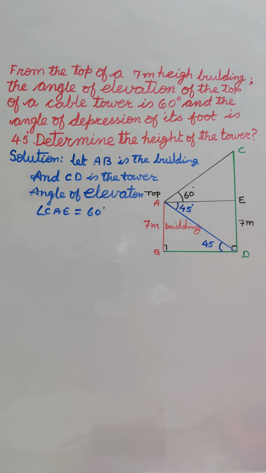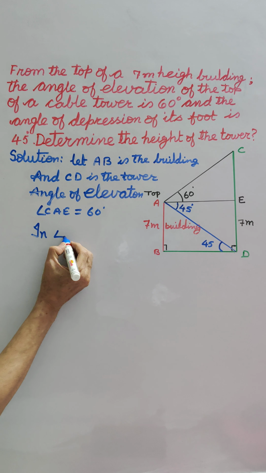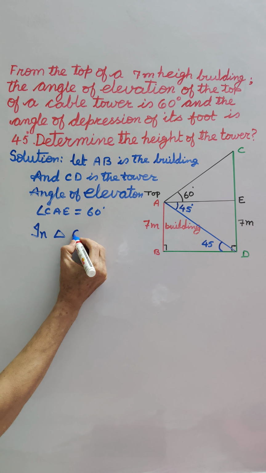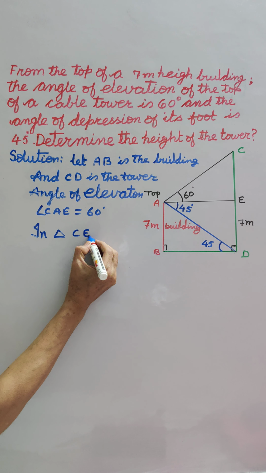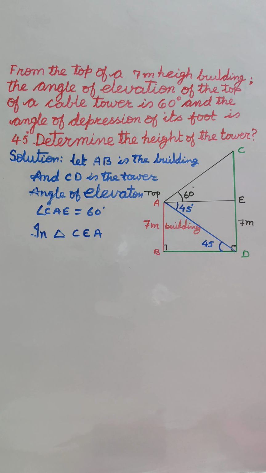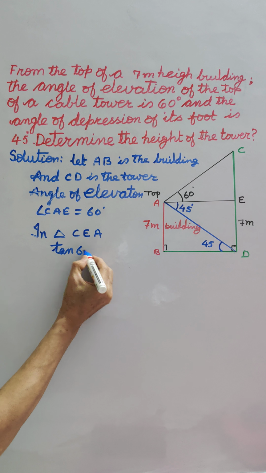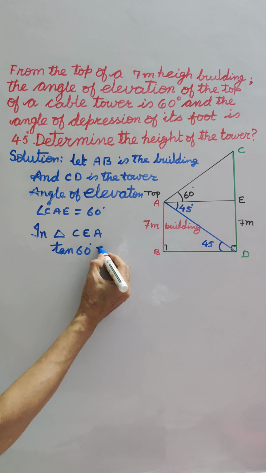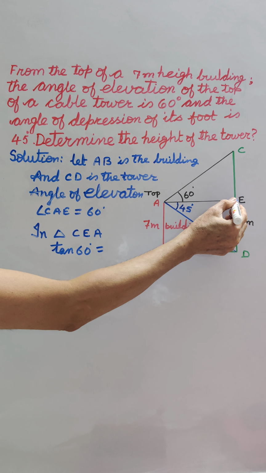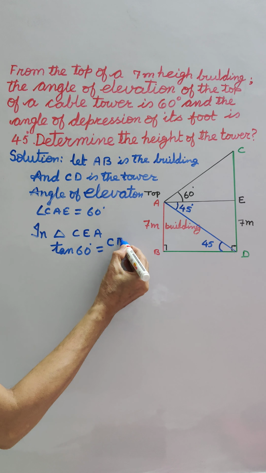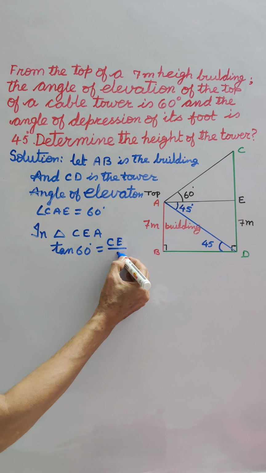Now in triangle CAE, which is right angled at E, tan 60 degrees is the ratio of perpendicular to base, that is CE upon AE.